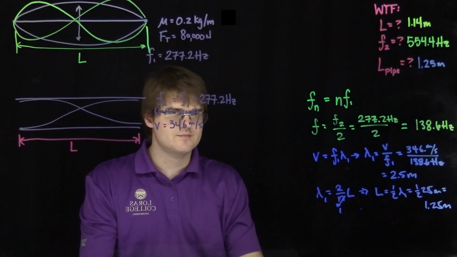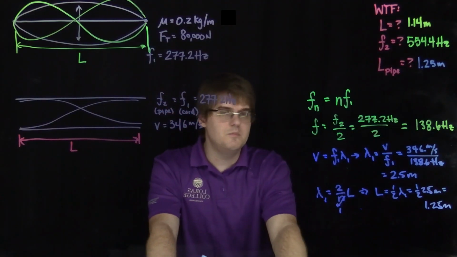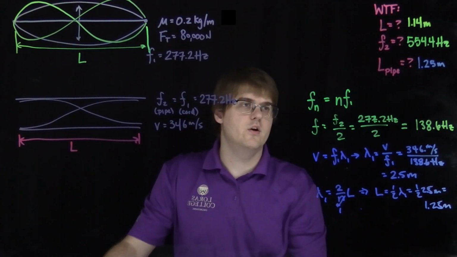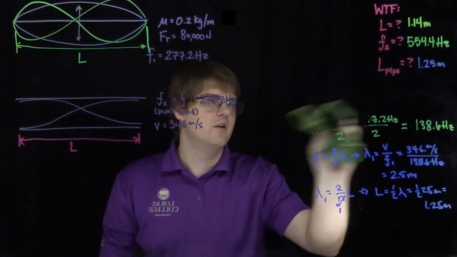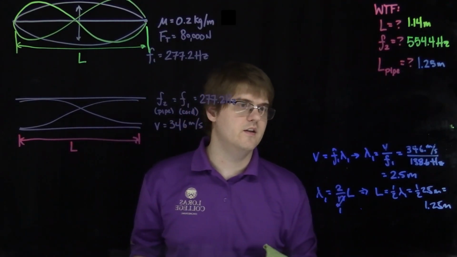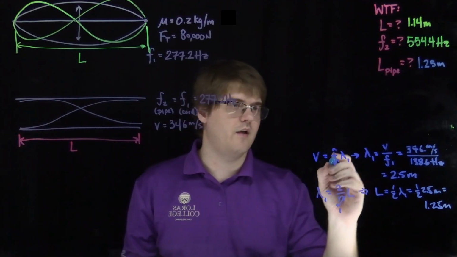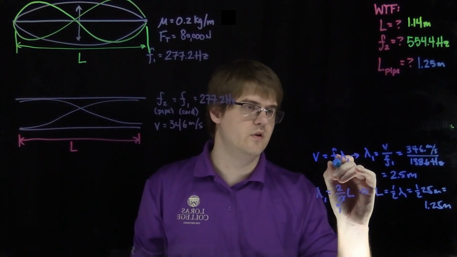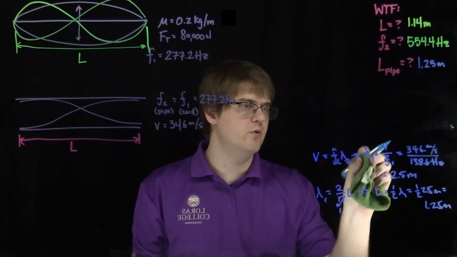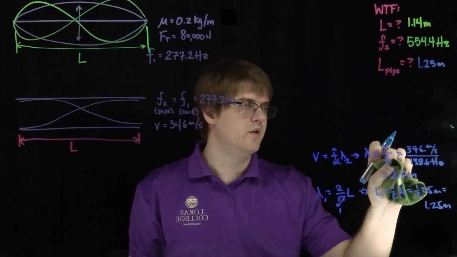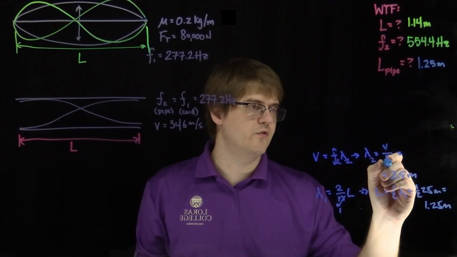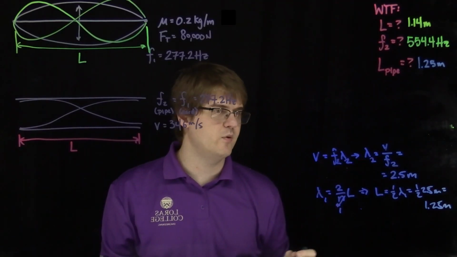And I'm done. Now this isn't the best way to solve this necessarily. I just wanted to show this guy off. What I could have done straight from the start is I could have skipped this entire step and I could have put this guy in and solved for, I know my frequency 2 and my lambda 2. So I could say lambda 2 is going to be equal to velocity divided by frequency 2.